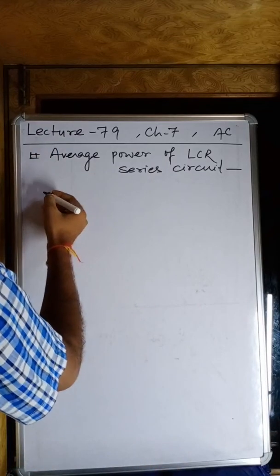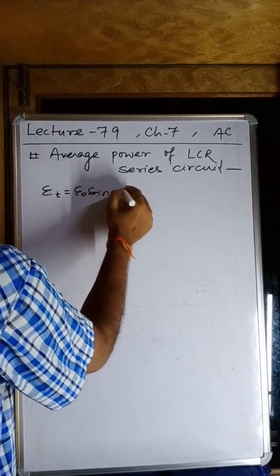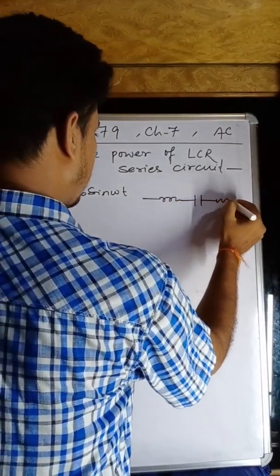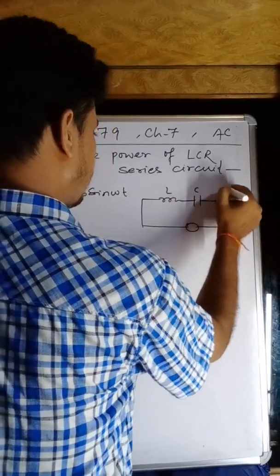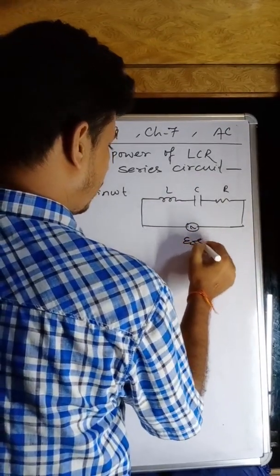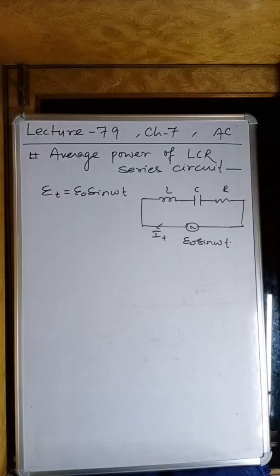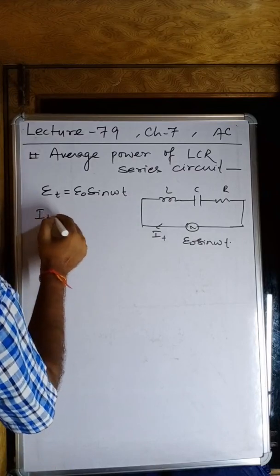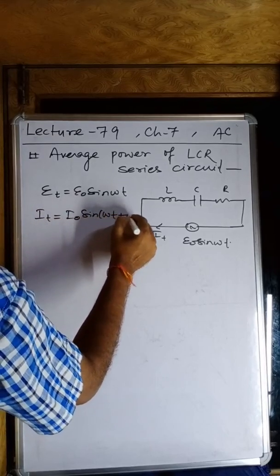If we supply input as E naught sine omega t in this LCR series circuit, the instantaneous current I t that we have already, we obtain as I naught sine omega t plus phi.